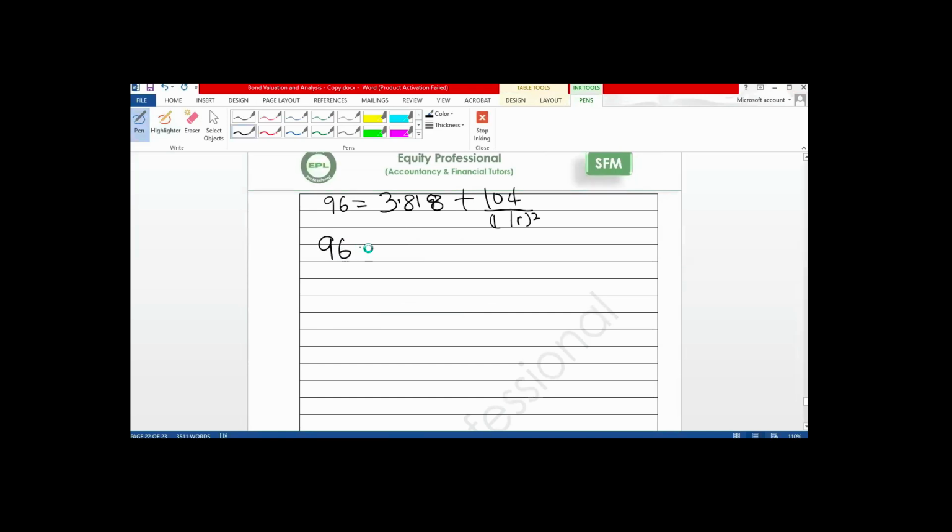96 minus 3.818 is equal to 104 divided by 1 plus R raised to power 2.